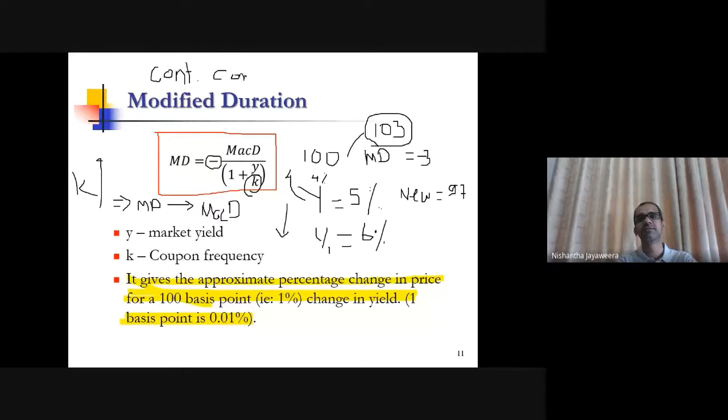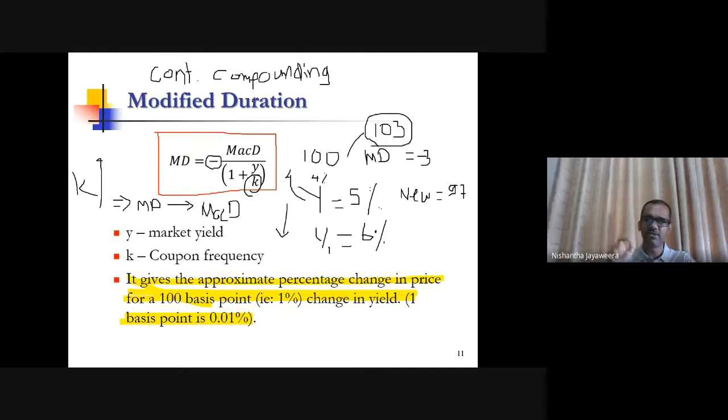Did we discuss this? I think no sir. Instead of discounting or compounding at discrete levels, we compound at a continuous level.